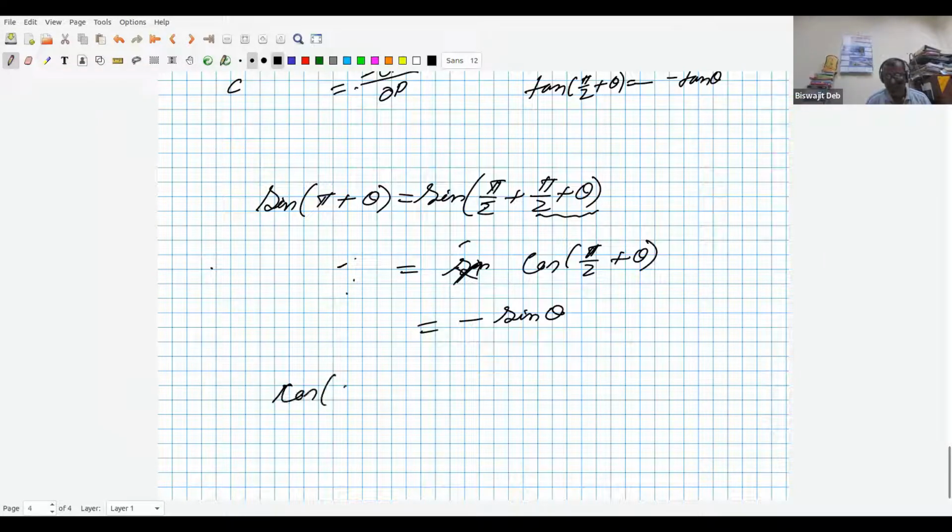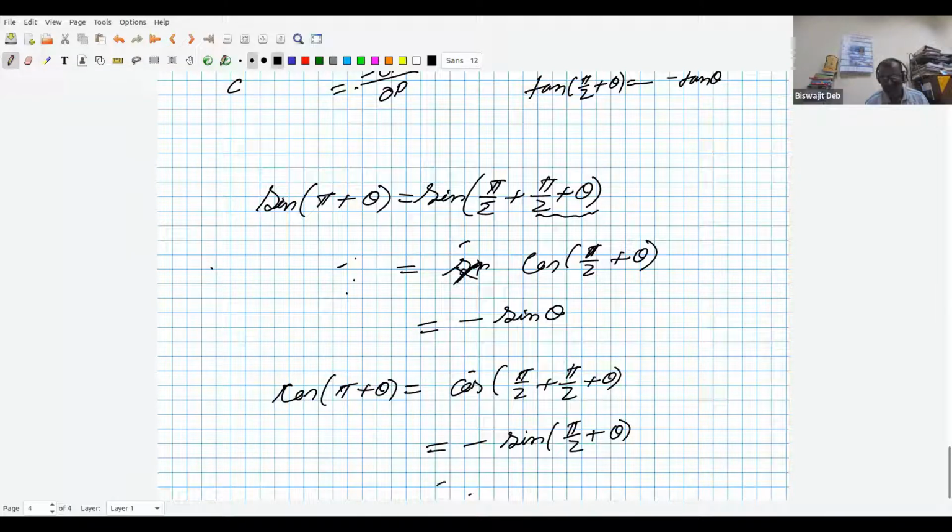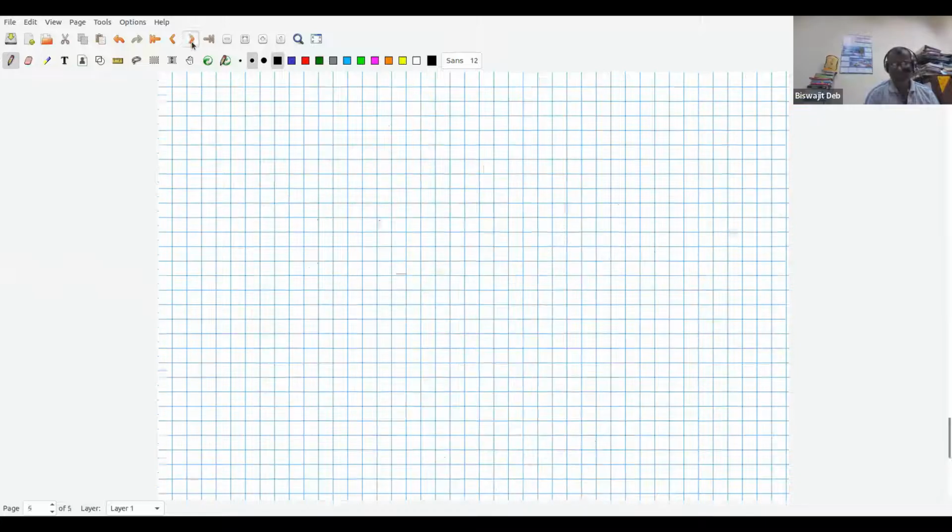Then what is cos of pi plus theta? Same way, if we break it, this is cos of pi by 2 plus pi by 2 plus theta. So this is equal to minus sine of pi by 2 plus theta. So this is equal to minus cos theta. So these few results I will be required to discuss the problems on geometry.